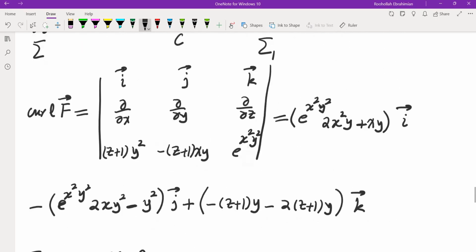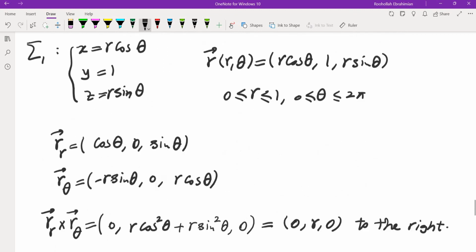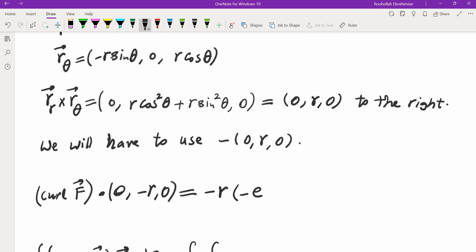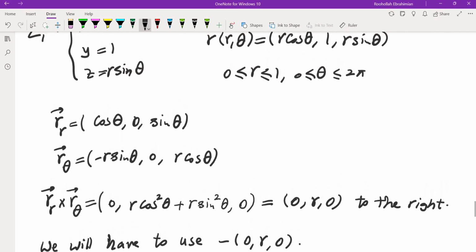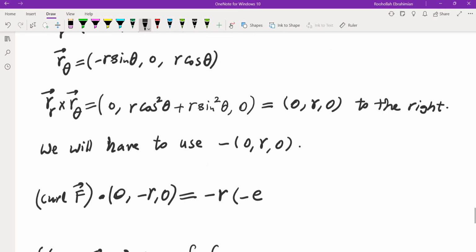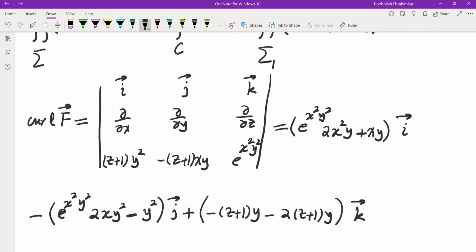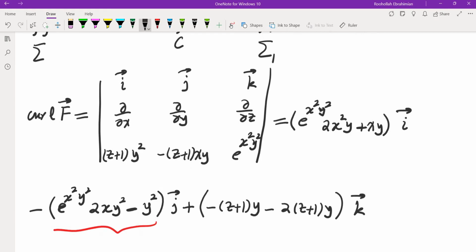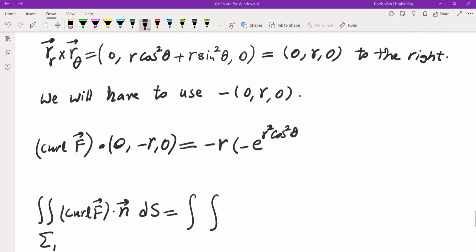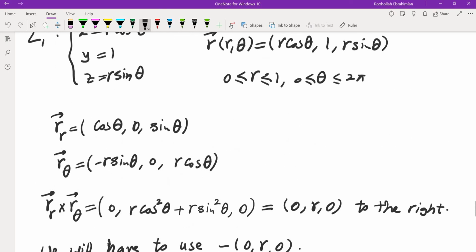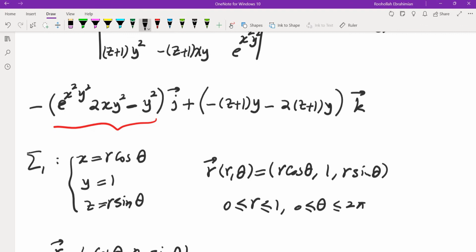So it's negative r, and for the j component we get minus e to the x squared y squared times 2x times y squared minus y squared, where x is r cosine theta, z is r sine theta, and y is 1.